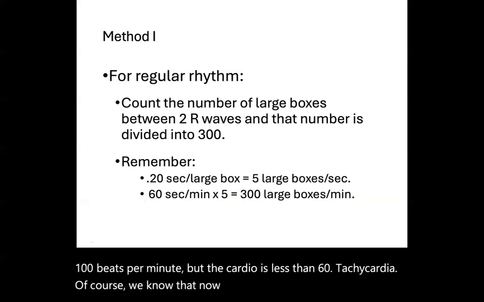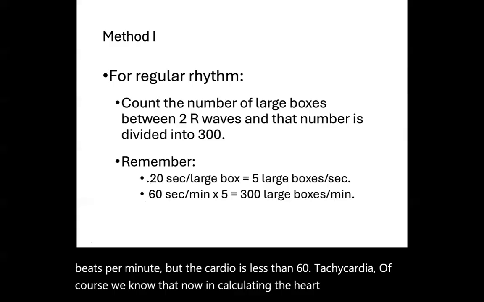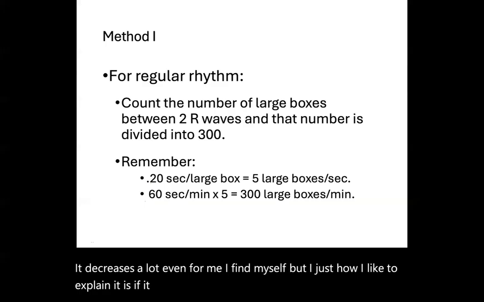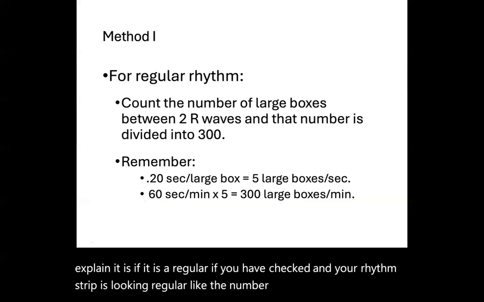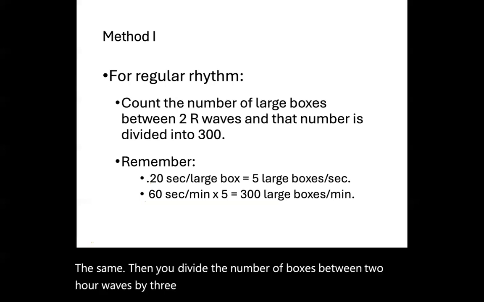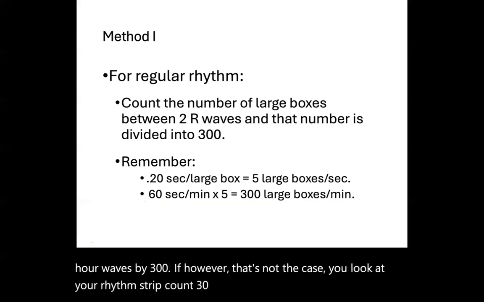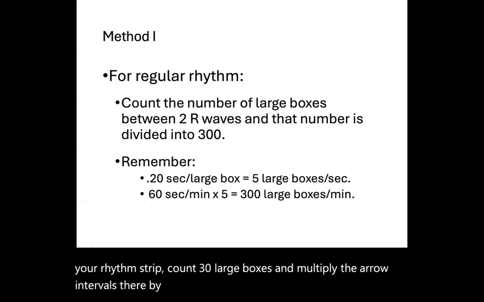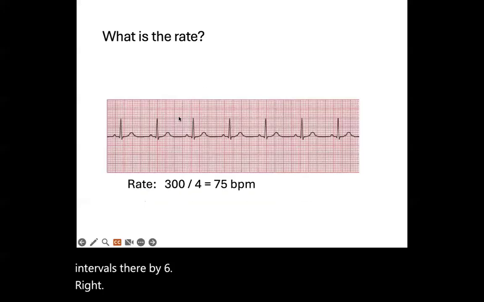Now, a normal heart rate is between 60 to 100 beats per minute. Bradycardia is less than 60. Tachycardia, of course, we know that. Calculating the heart rate confuses a lot of people, even me. How I like to explain it is, if you have checked and your rhythm strip is looking regular, with the number of boxes being the same, then you divide 300 by the number of big boxes between 2 R waves. Here we can see this is a regular heart rate.